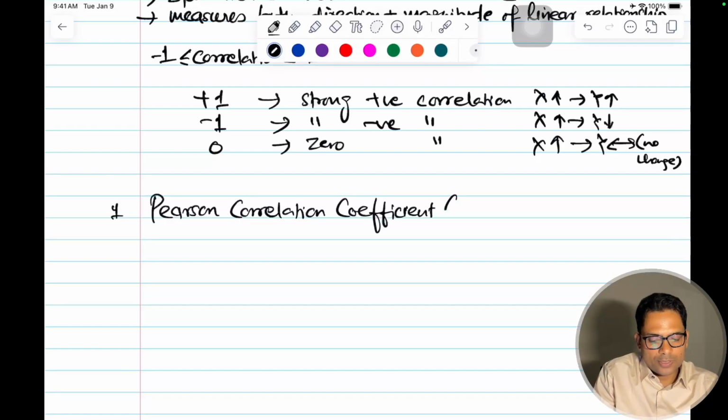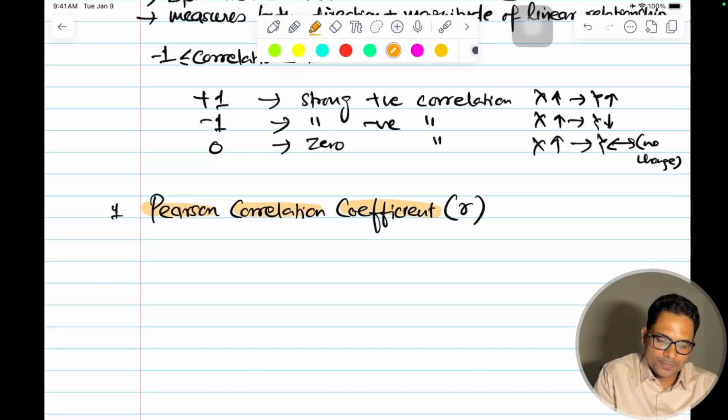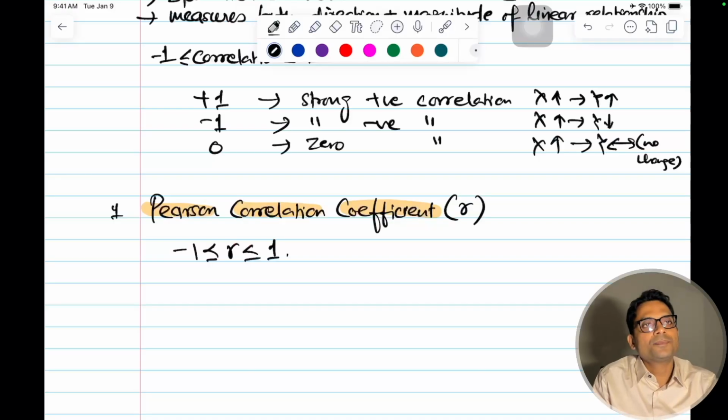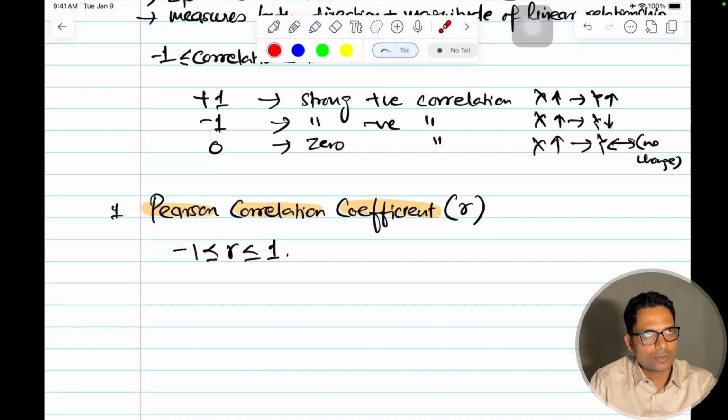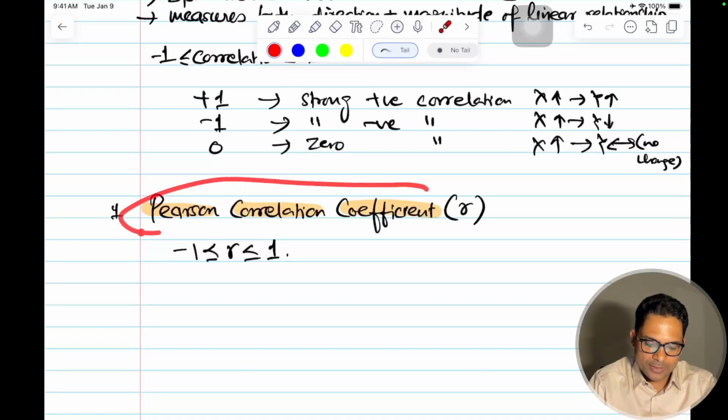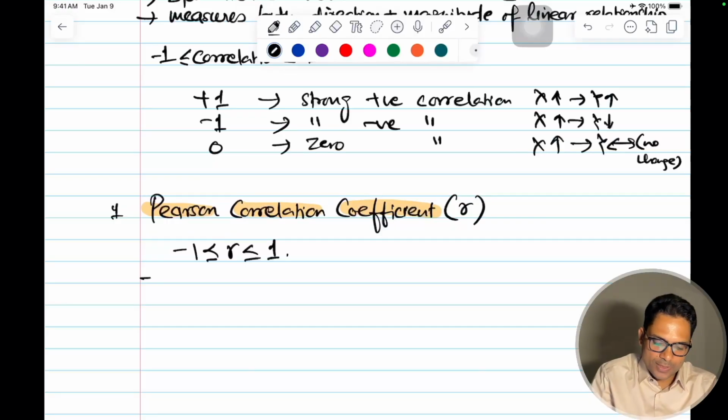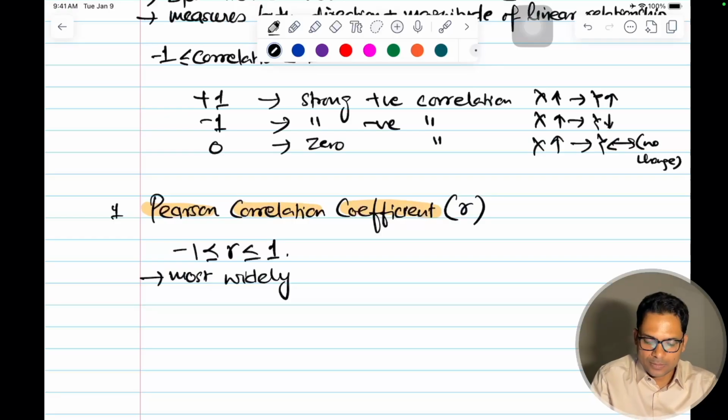This is denoted generally by the symbol R. Okay, and it has the same range, between -1 and 1. This is the most widely used, Pearson. I'll talk about Spearman's rank correlation coefficient also, but Pearson is the most widely used because mostly we deal with numbers, data.